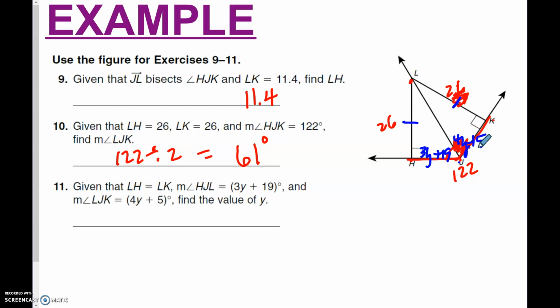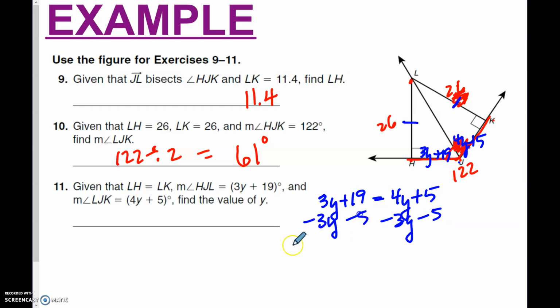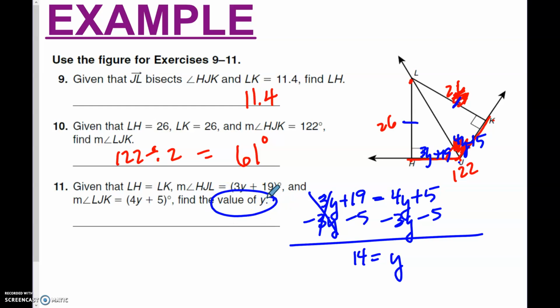Okay, well, these must be on that angle bisector, so that means that 3y plus 19 has to be equal to 4y plus 5. All right, I'm going to subtract 3y, and I'm going to subtract 5, so it looks like 14 and y. So y is 14, and that's all they ask us to find, is that value of y.